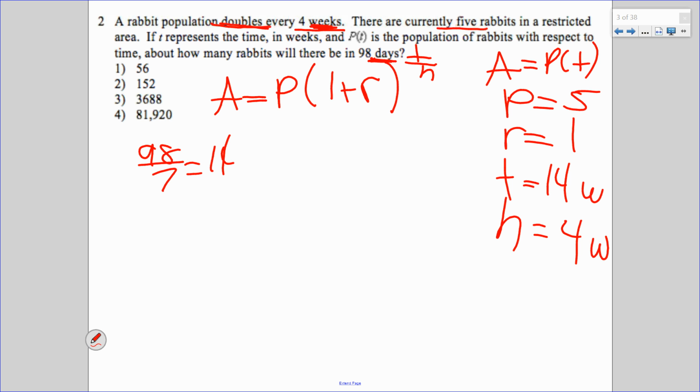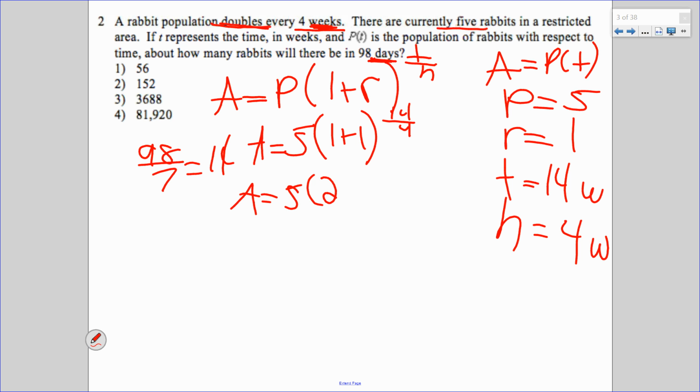So now I have those values. A equals P times 1 plus 1, to the 14 over 4. You might want to make that 1 plus 1 is 2. You put it into your calculator, and I'm not going to pull the calculator up for this one.